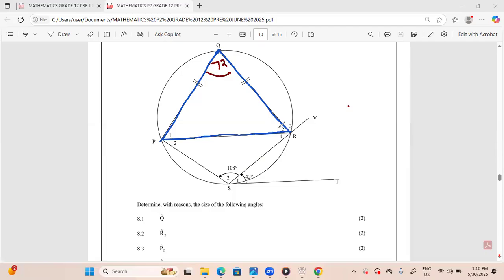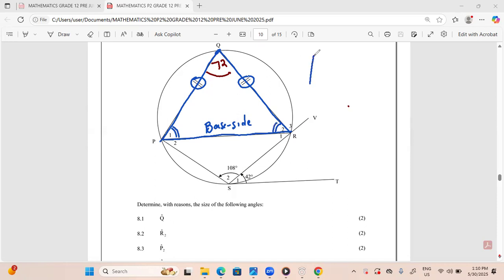We know that an isosceles triangle has two sides that are equal, and it also has two angles that are equal. So since we see that QR equals QP, we normally say this is our base side. And then the angles that we find on the base side, these two angles, P1 and R2, they are equal. It's simple to identify two angles that are equal in an isosceles triangle.